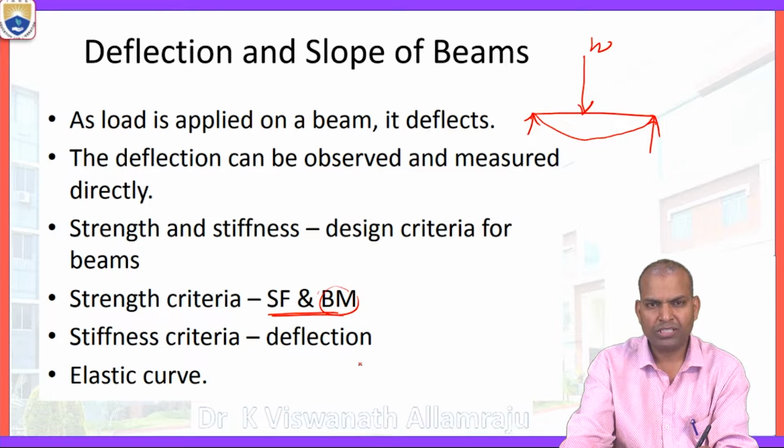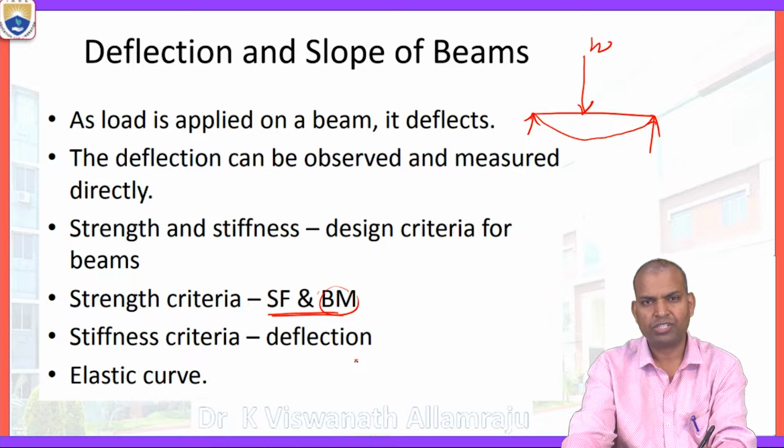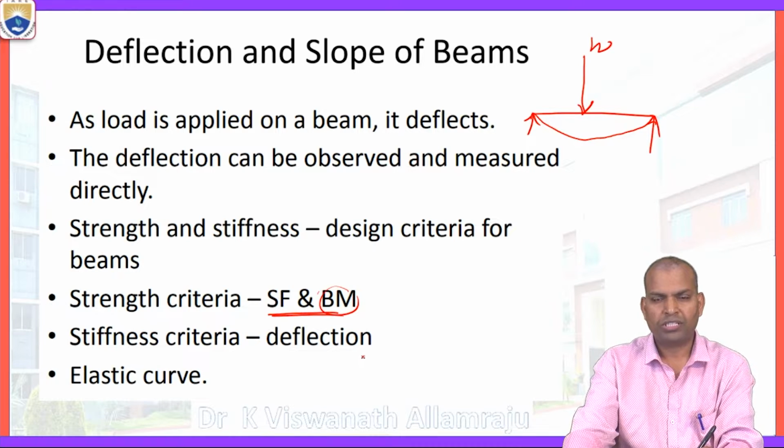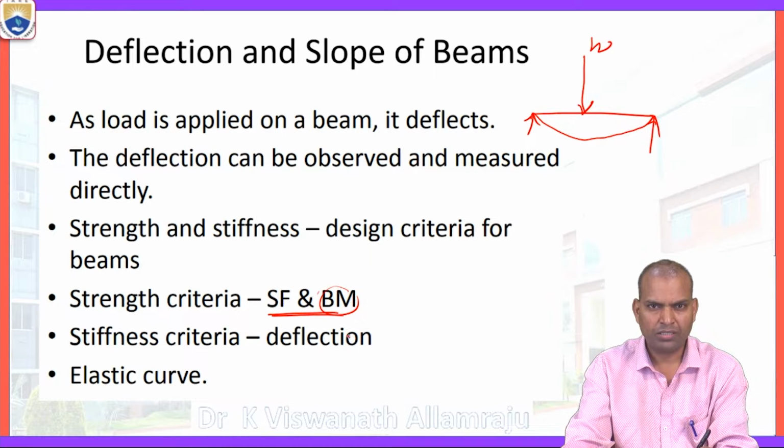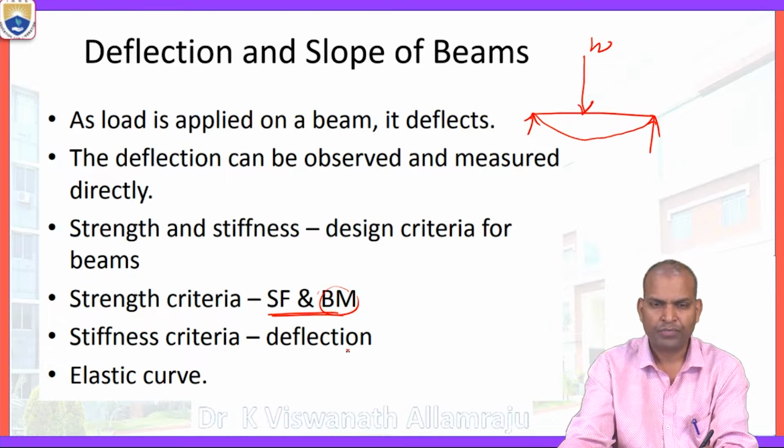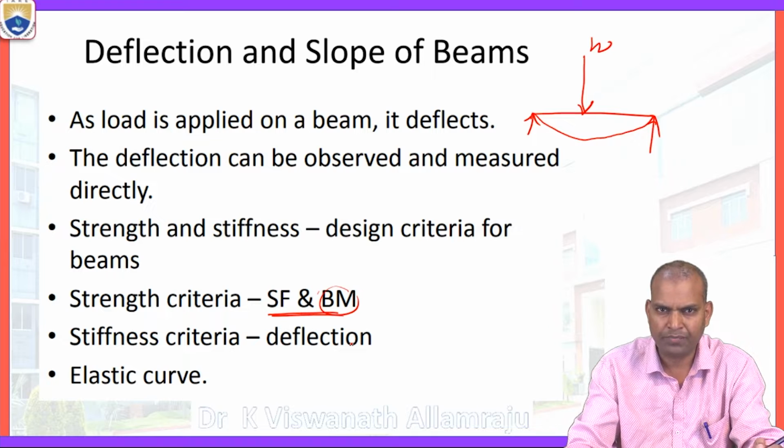The strength means here the section modulus represents the strength of a beam. The more the moment of resistance, the more the strength. So moment of resistance is proportional to the section modulus. That's why the section modulus represents the strength of a beam.